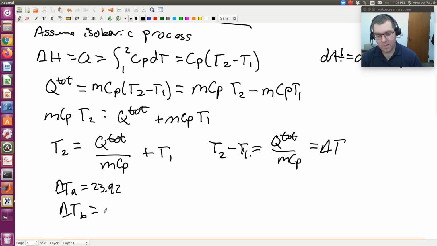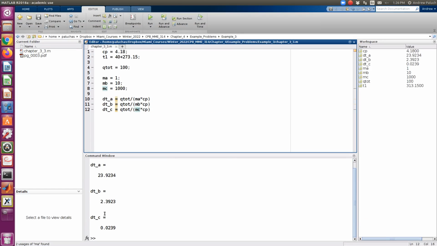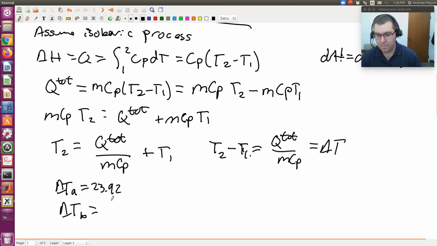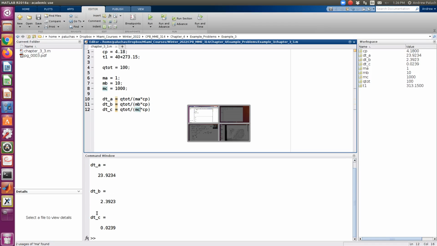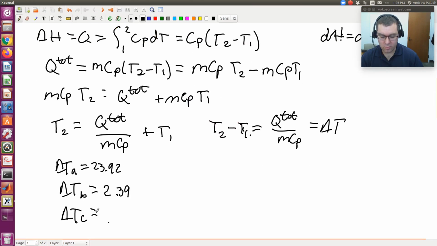Delta T for case B is 2.39. And case C is 0.0239.